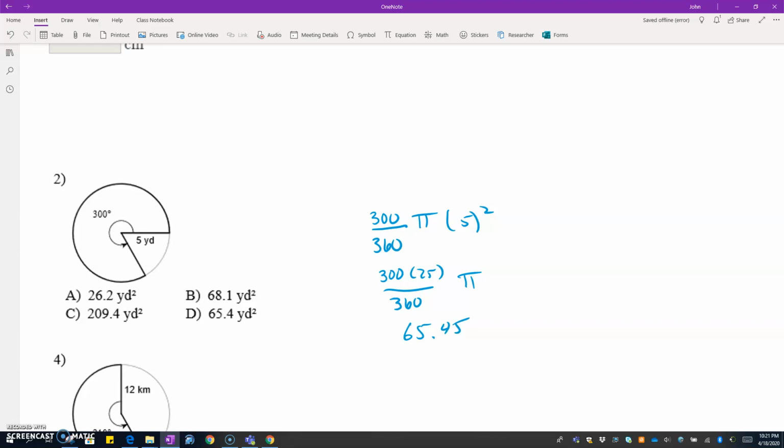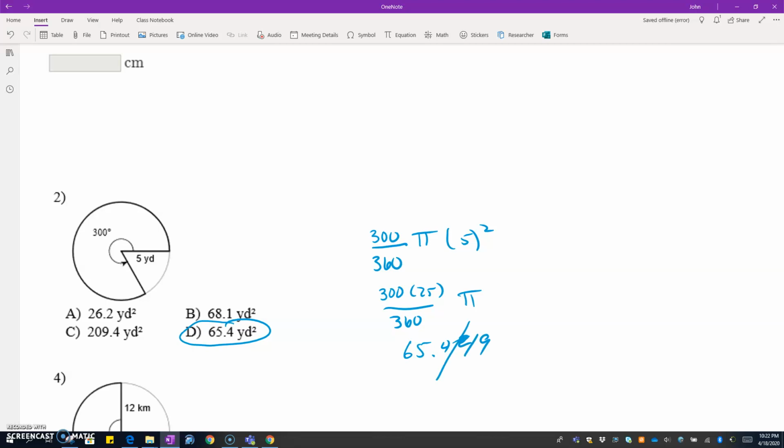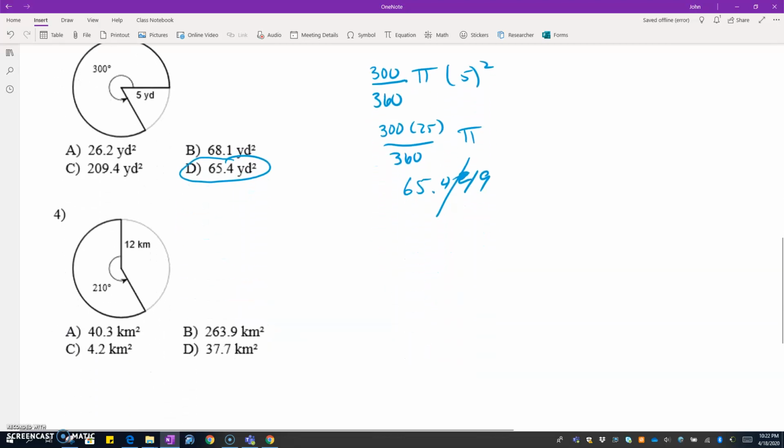I look for that choice, and it looks like we're at 65.4. Since they rounded to one decimal place, that's why we have the round off difference there. If I take that out a little bit further, it was 449, so if I round to one decimal place, we would round down, so it'd be 65.4. That one should be a D.